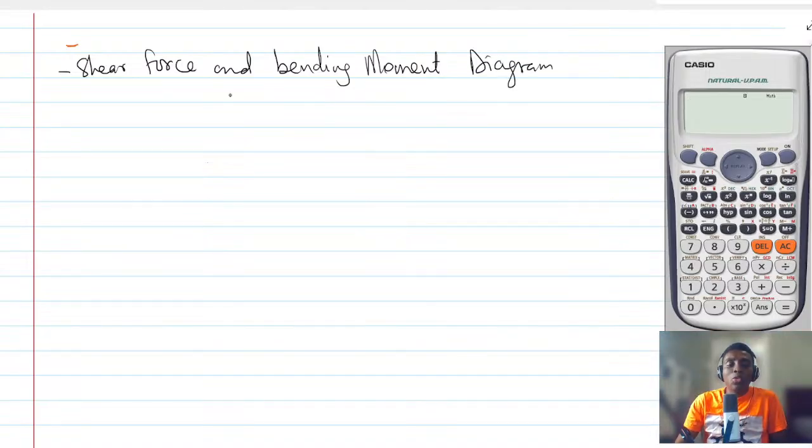I'm going to put a question there and we will quickly try and draw the shear force and the bending moment diagram.